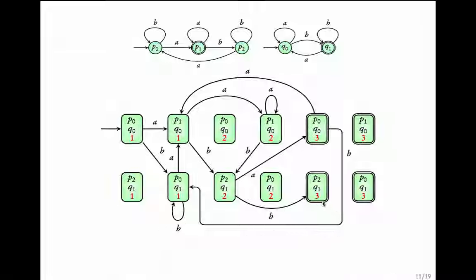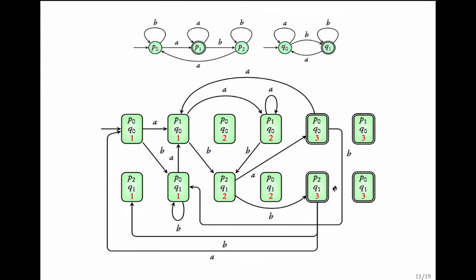We are here, P2, Q1, P2 on an A goes to P0, Q1 on an A goes to Q0. Since we are at 3, we should go to P0, Q0, 1. So on an A, you go here. Similarly, on a B, you go to P2, Q1, 1.